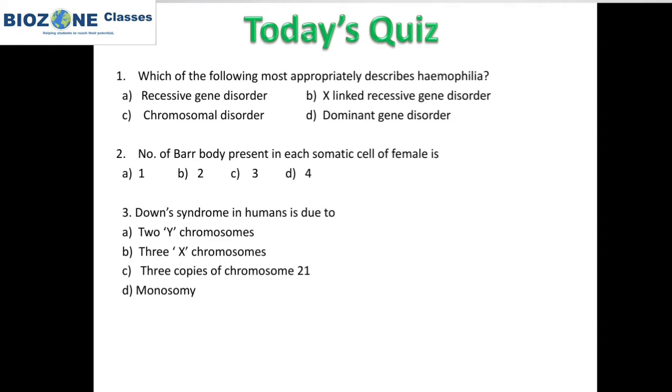Question third, Down syndrome in humans is due to option A, 2 Y chromosomes, B, 3 X chromosomes, C, 3 copies of chromosome 21, and D option is monosomy.